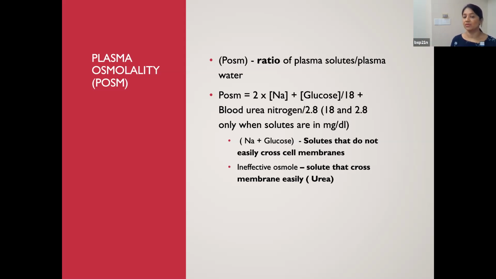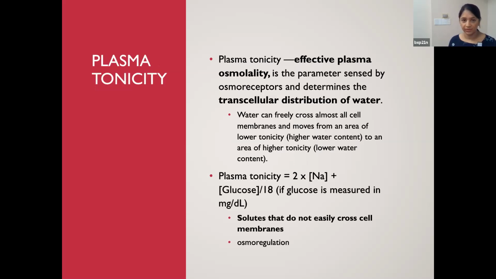And sodium and glucose, those are the solutes that do not cross the cells freely, but if you account the urea, it will just go everywhere, right? So it just moves. So that's why it is an ineffective solute, whereas sodium and glucose are more of an effective solute that will maintain the tonicity and all that, right?